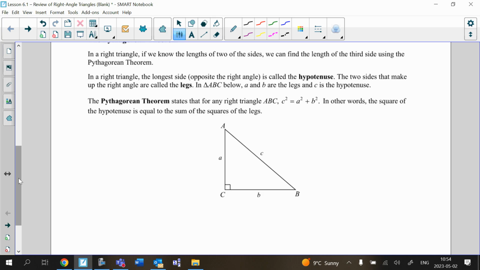The Pythagorean theorem tells us that the hypotenuse squared is equal to the length of each leg squared added together. Or you may have seen it as a squared plus b squared equals c squared. It means the same thing.